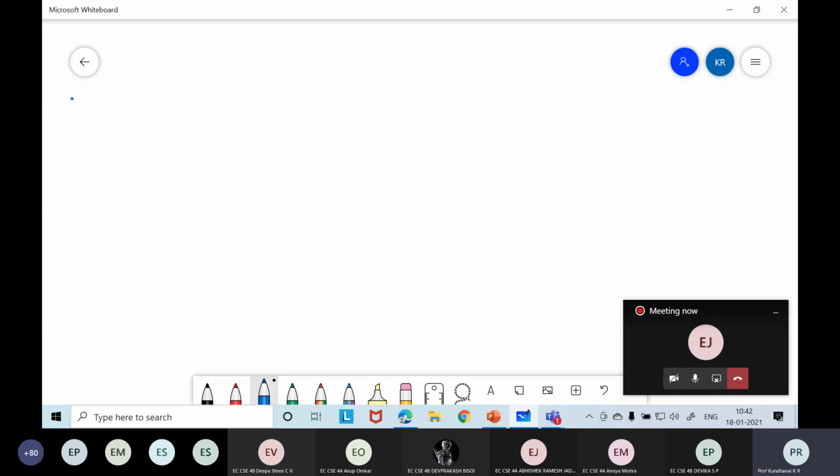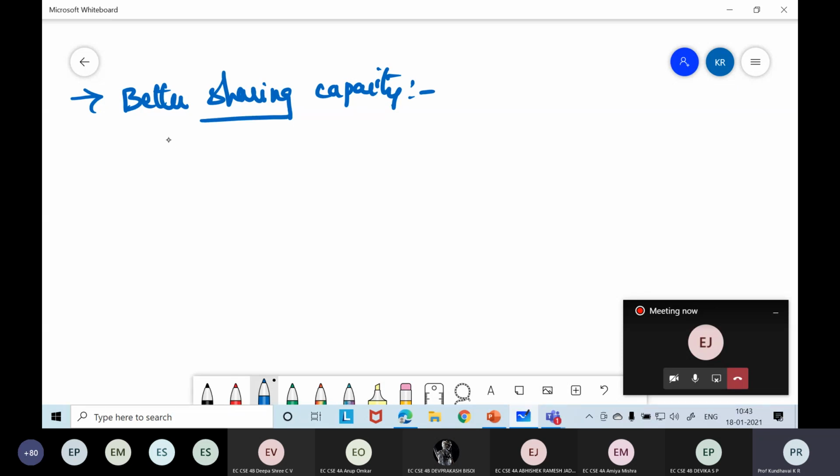So this next thing that I was saying is better sharing capacity. All right, how to justify this in a sense. Consider a scenario where there are 10 systems.